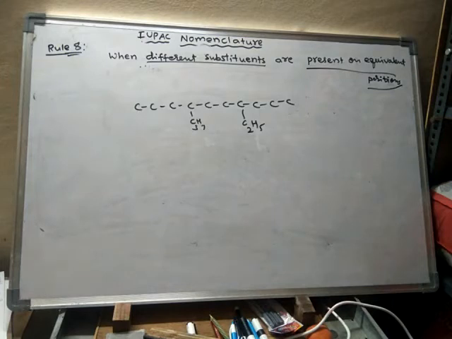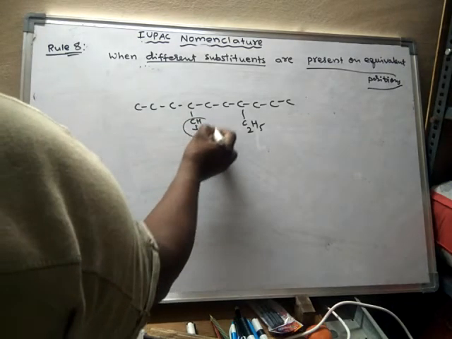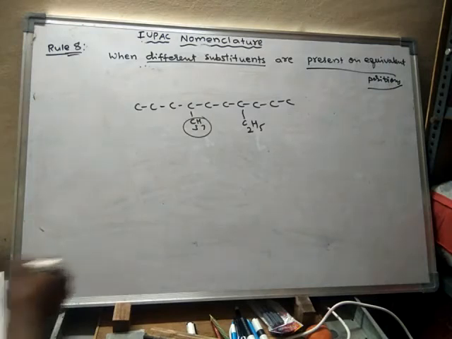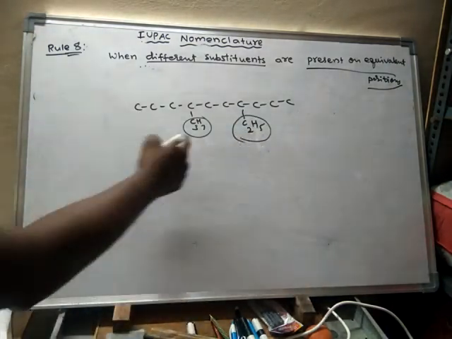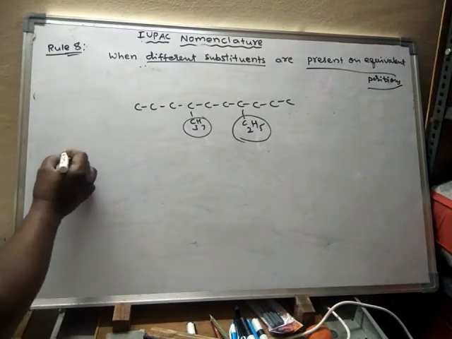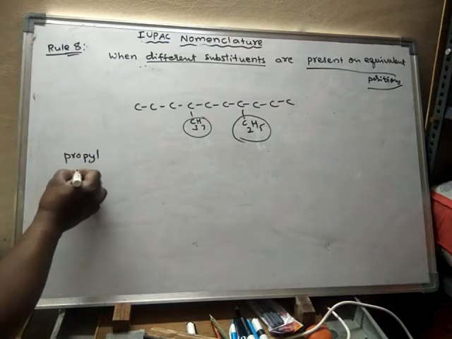So this is the compound, and what is the name of this one? Here C3 is called a propyl group, and C2 is an ethyl group. So two groups are present: propyl and ethyl.